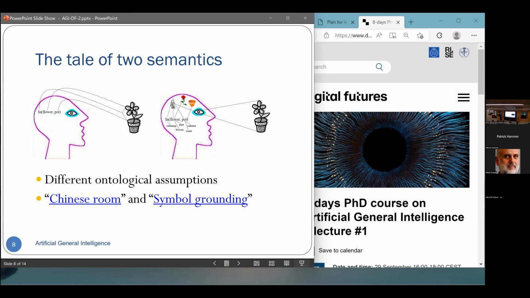And symbol grounding is a proposed solution to that, saying that you need to ground your symbols to your sensory motor experience. For example, you should know that a floor corresponds to a certain type of perception, so that the meaning of floor is nothing but that perception.